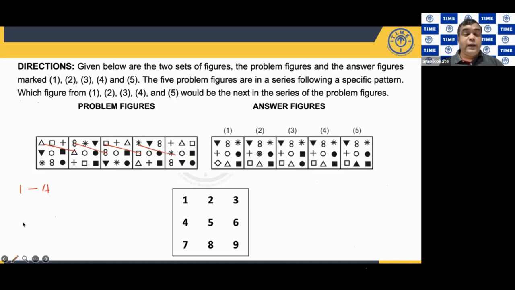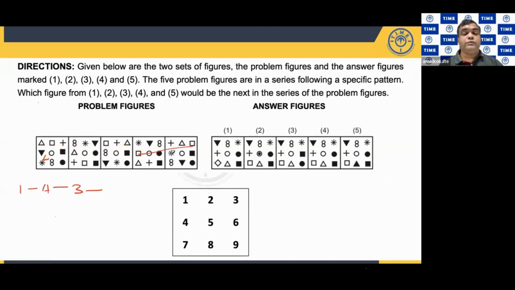Then instead of taking where the second element goes, you decide where the fourth element goes. 4 goes to 3.